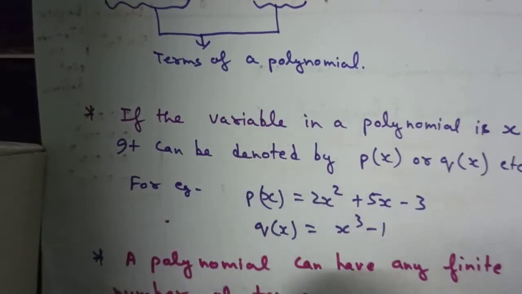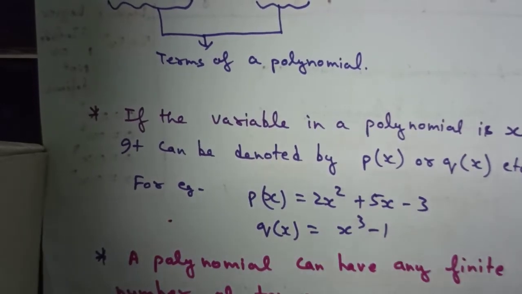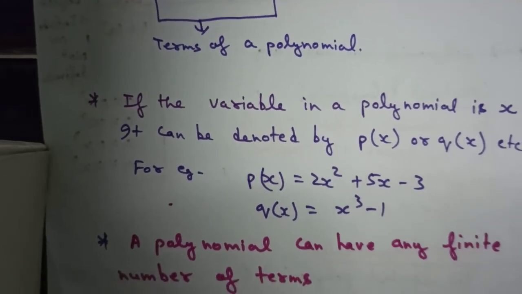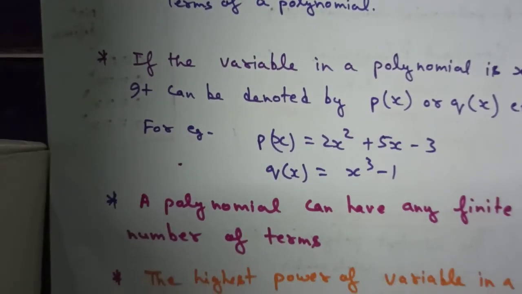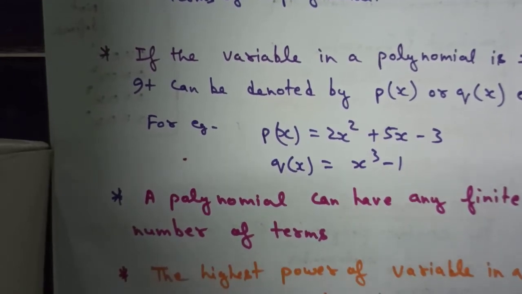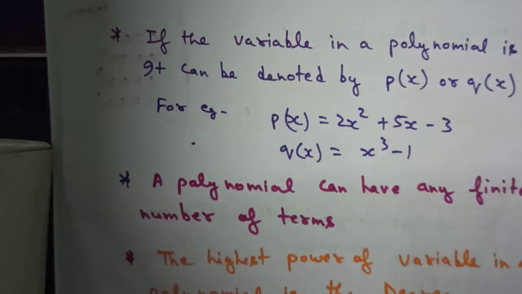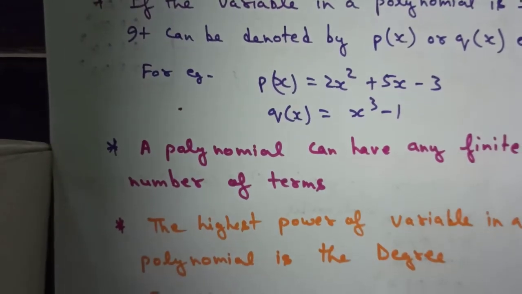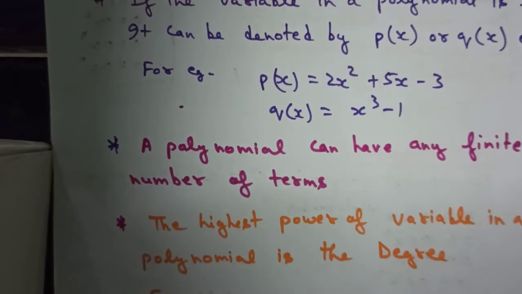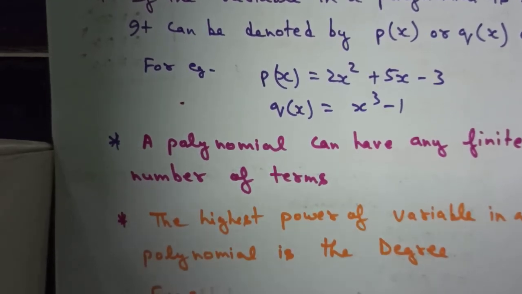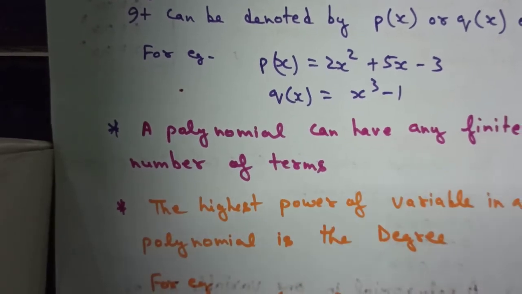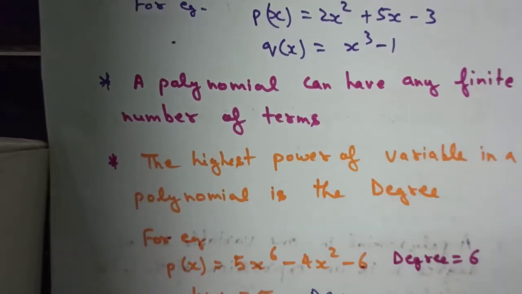For example, I have given polynomial p(x) equals 2x square plus 5x minus 3, polynomial q(x) is equal to x cube minus 1, and so on. A polynomial can have any finite number of terms. Depending upon the number of terms, we will classify the polynomial. We can have any number of terms in a given polynomial.